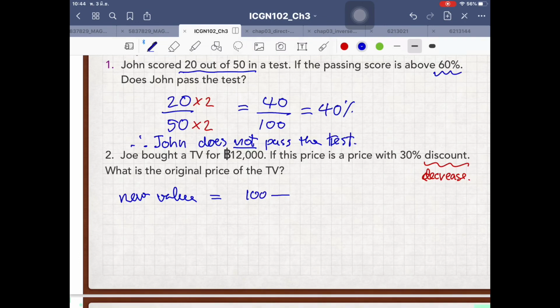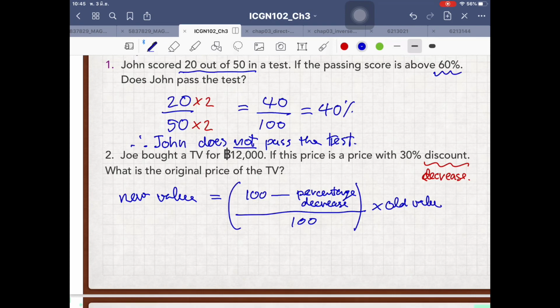All right, minus the percentage decrease, divided by 100, and then multiply with the old value. And then in this problem, we want to know the original price or the old value. So in this case, we make it the unknown, x.